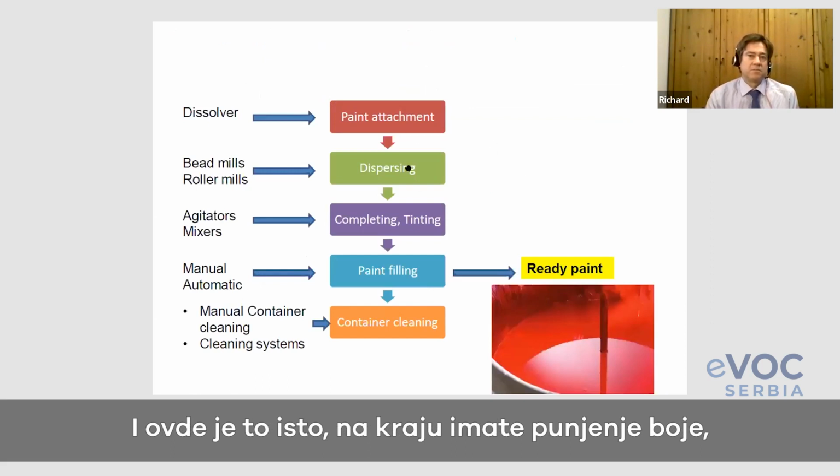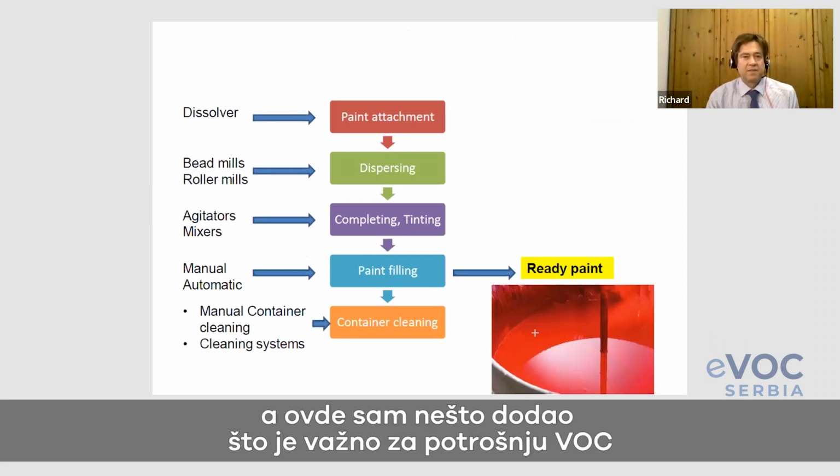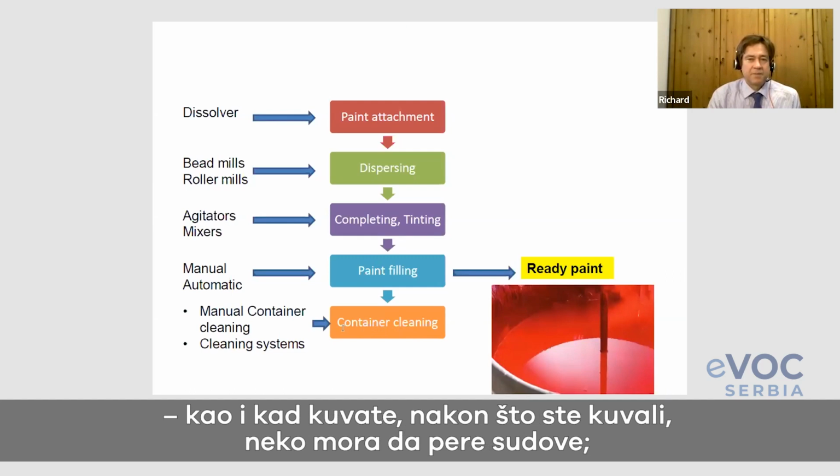Yeah, so it's the same here. At the end, you have this paint filling, and I've added here something because that is very important later for our VOC consumption. It's like if you cook, of course, after you're cooking, somebody has to do the cleanup.